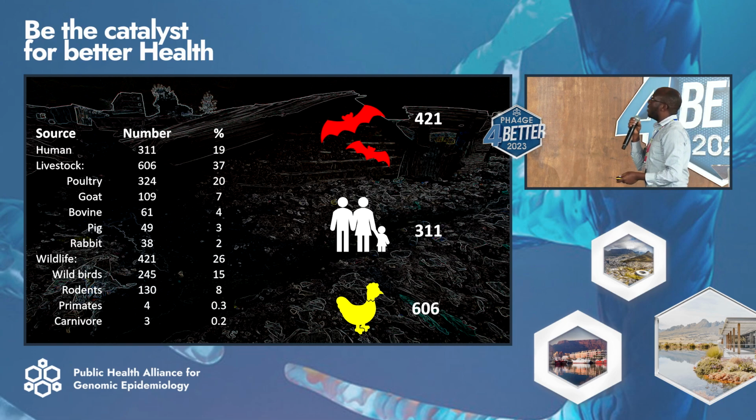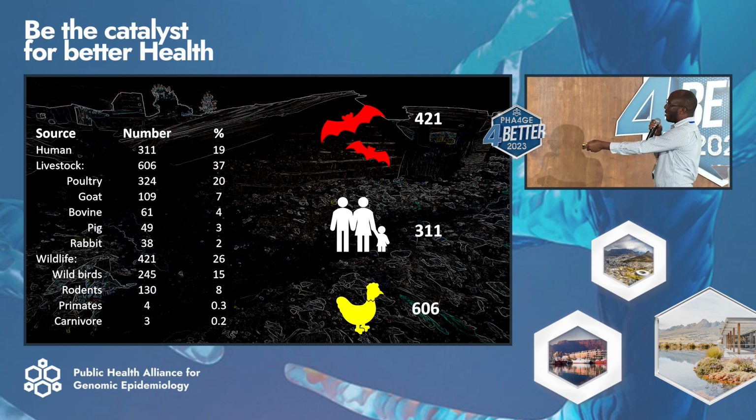So in terms of our numbers, the majority were, of course, livestock. We had up to 13 different livestock species, from poultry, which includes chickens, geese, duck, and all that, goats, cows, pigs, rabbits, guinea pigs, and others.